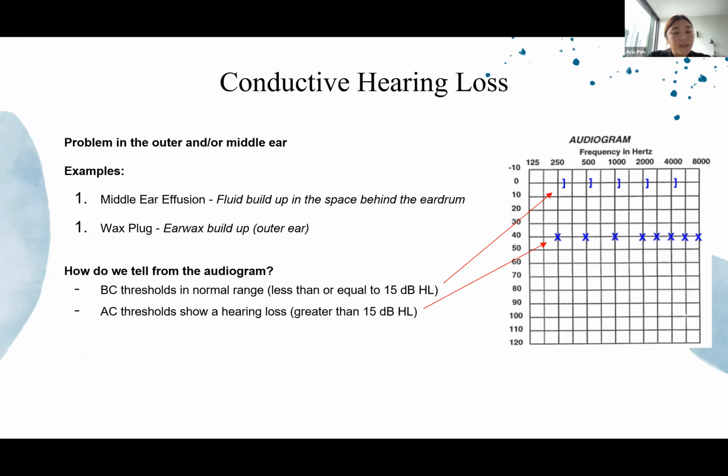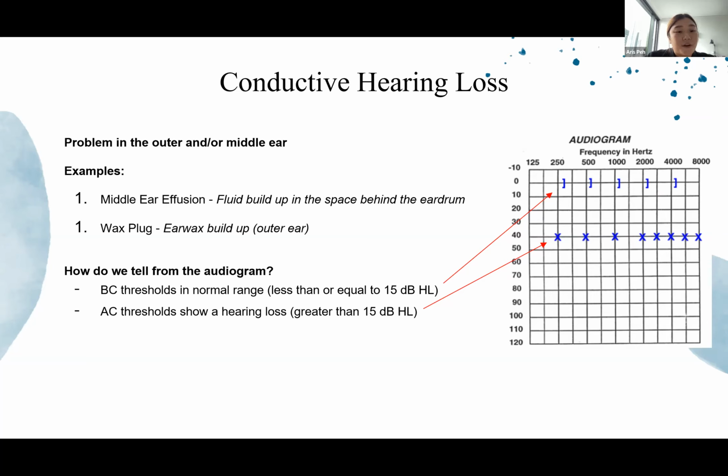Yep, so there are mainly three types of hearing loss, and I'm going to talk you through them. First, we have the conductive hearing loss, which is when there is a problem in the outer and or the middle ear. Some examples of conductive hearing loss are middle ear effusion, which means that there is fluid built up in the space behind the eardrum, and another example is wax plug, where there is a significant amount of earwax built up.